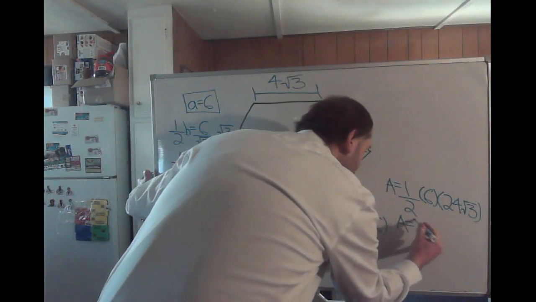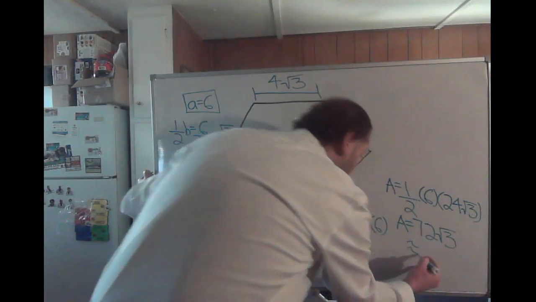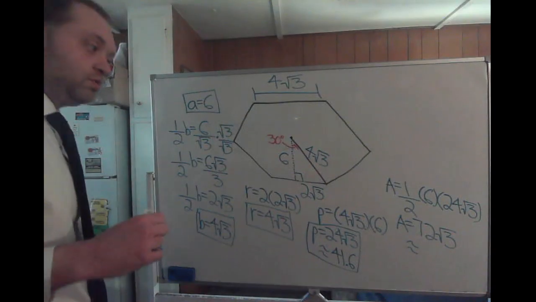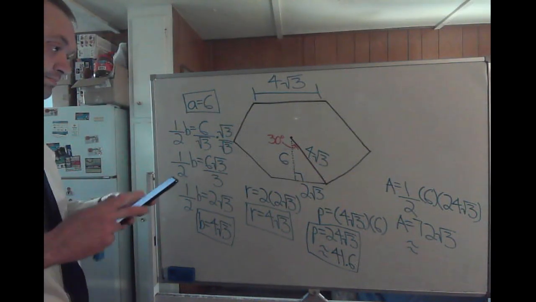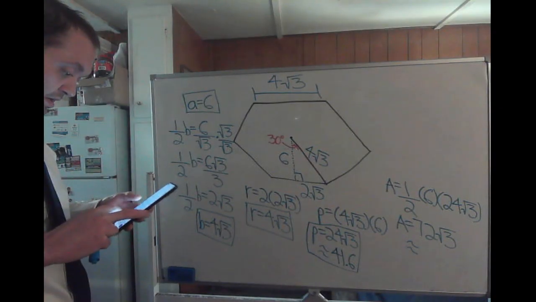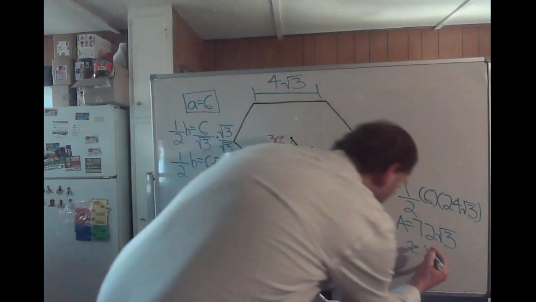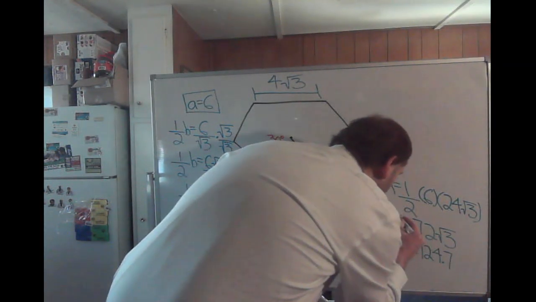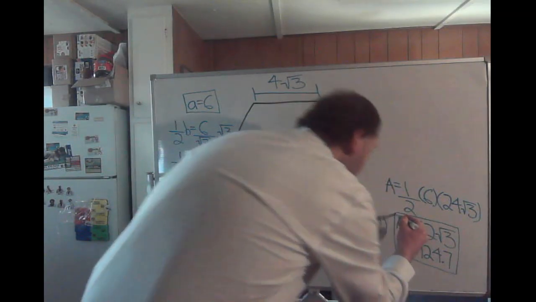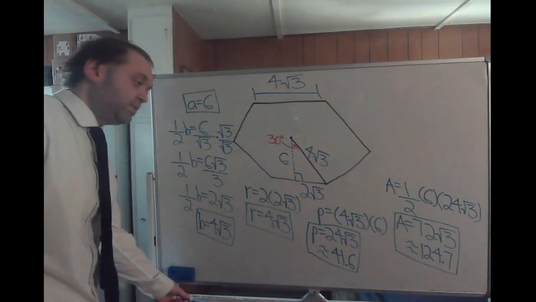So the area is exactly 72 times the square root of 3, or we'll do a decimal approximation to 1 decimal place, which would be about 124.7 square units. So the area is exactly 72 times the square root of 3 square units, or approximately 124.7 square units.